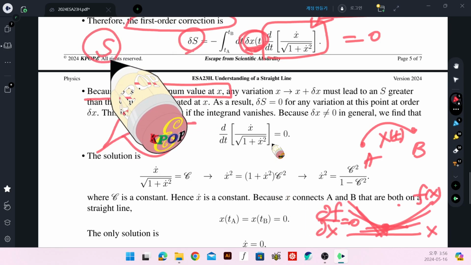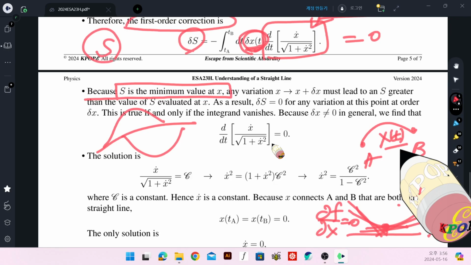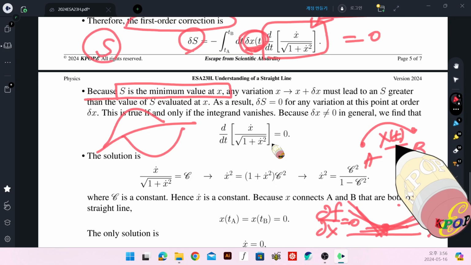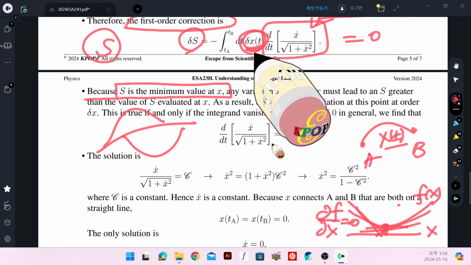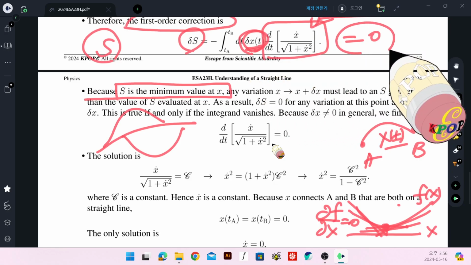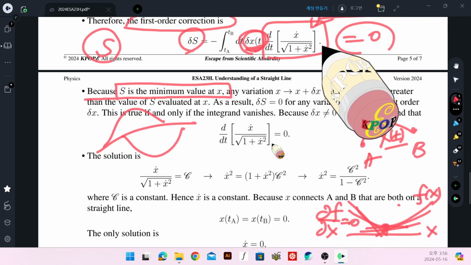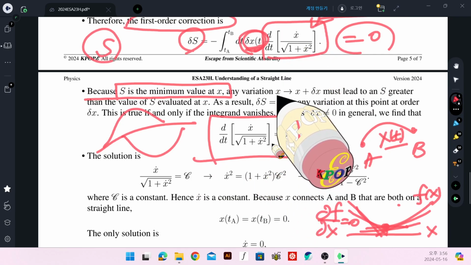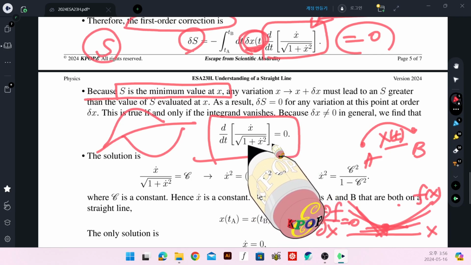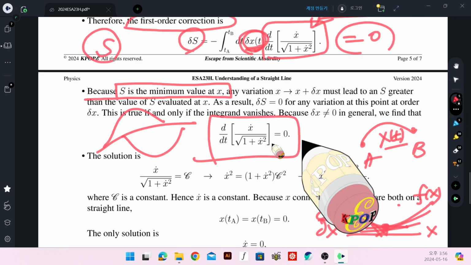That is represented by the function. The path is represented by that function. Therefore, whatever delta x you may bring in, this should be 0. This has a unique solution: the derivative of x dot over square root 1 plus x dot squared must be 0.